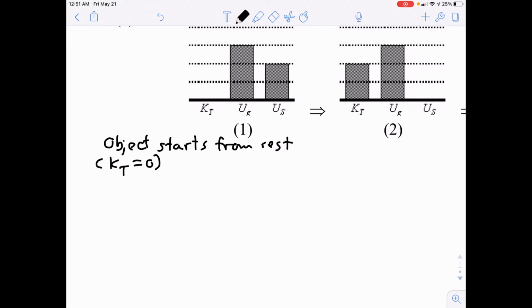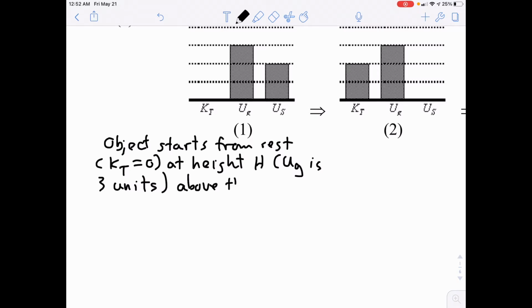But it starts from rest at height h, as gravitational potential energy is 3 units. So height h above the floor.